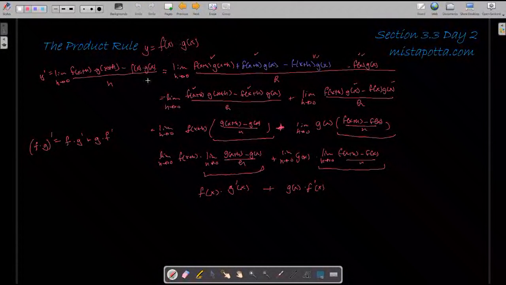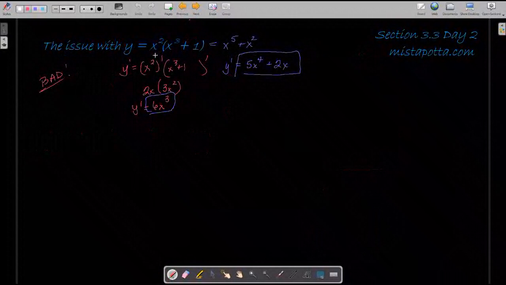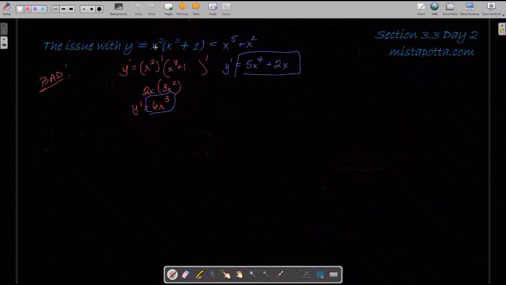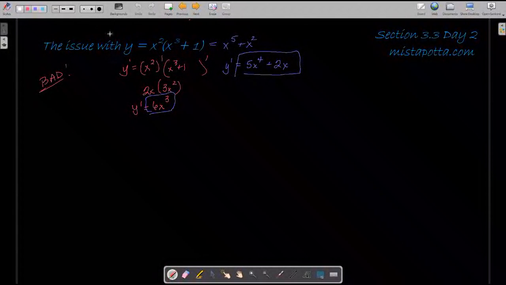So what this means is if I go back to my previous example, this x squared times x cubed plus 1, the rule says that it should be the first function times the derivative of the second function plus the second function times the derivative of the first function.